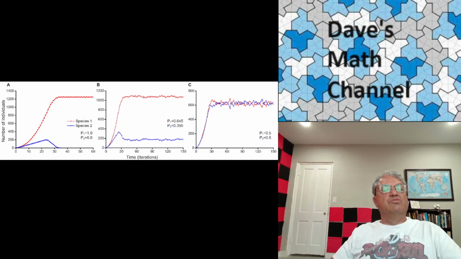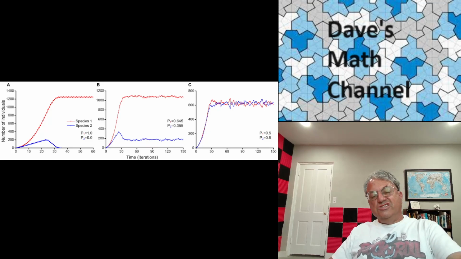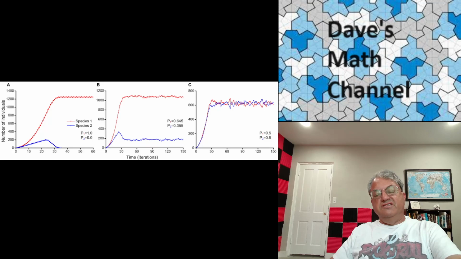The most interesting one in this case is the one on the right, I think, because you can have a point where you reach equilibrium between predator and prey. They oscillate around an equilibrium. So that's what happens when you have competing species.